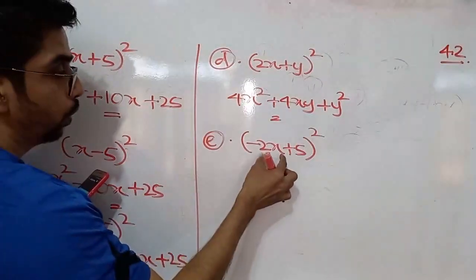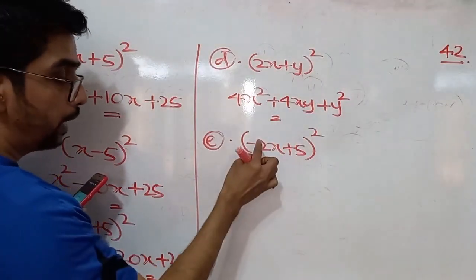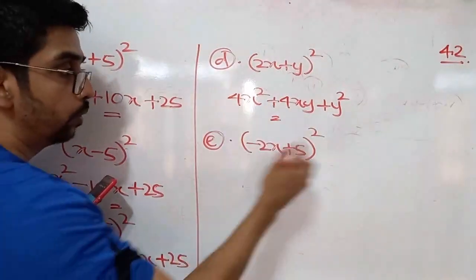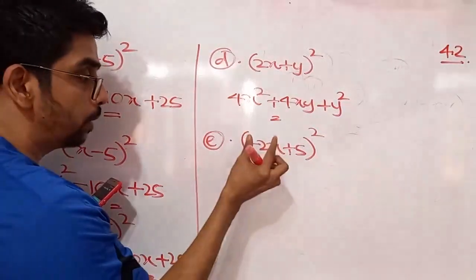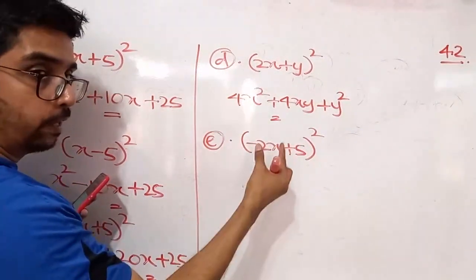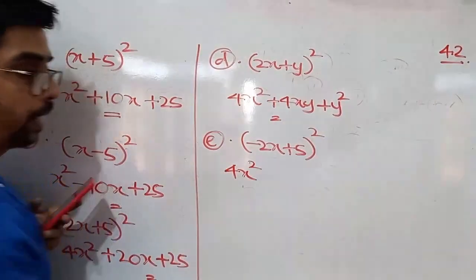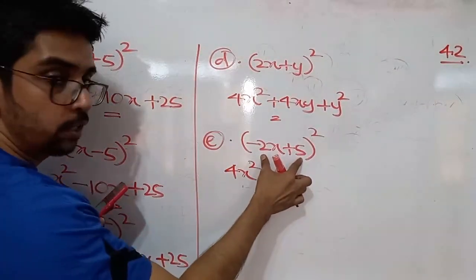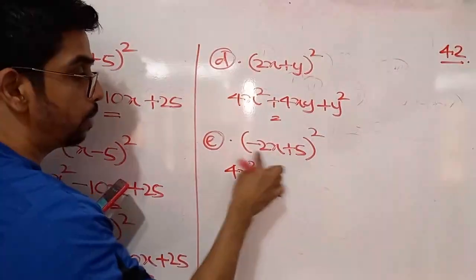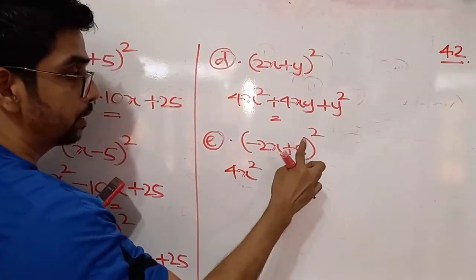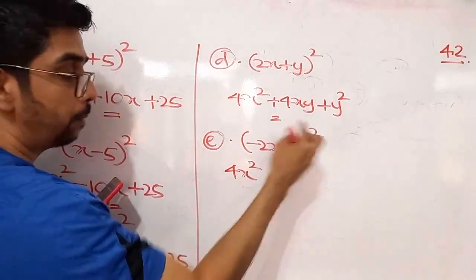Then e. Right. So when this term becomes negative, so what do we have to do? These are squares now, so we have to multiply negative 2x by negative 2x. So this becomes what? Positive 4x squared. Then we have to multiply these two. Then this becomes what? Negative 10x. Then multiply again that by 2.